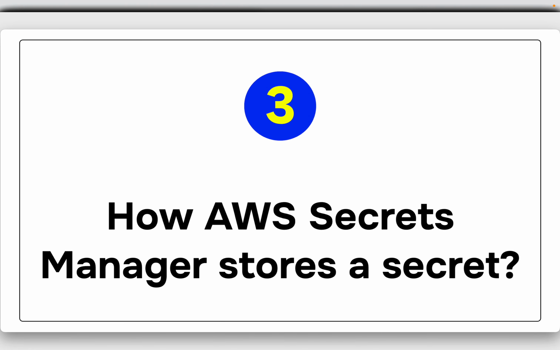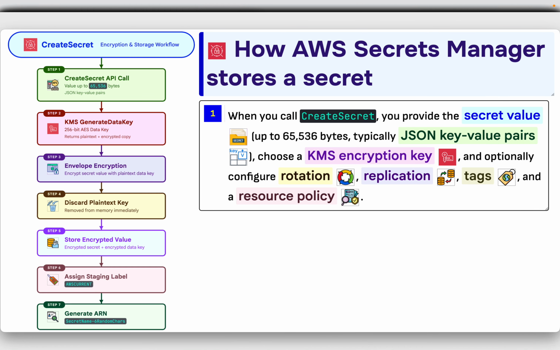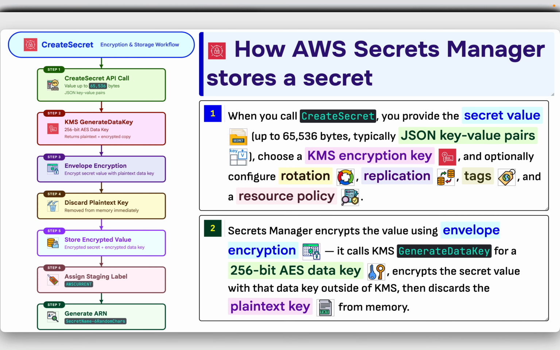Third topic, how AWS Secrets Manager stores a secret. So when you call create secret, you provide the secret value, which is up to 65,536 bytes, typically JSON key value pairs. You choose a KMS encryption key and optionally configure rotation, replication, tags, and a resource policy. Secrets Manager encrypts the value using envelope encryption.